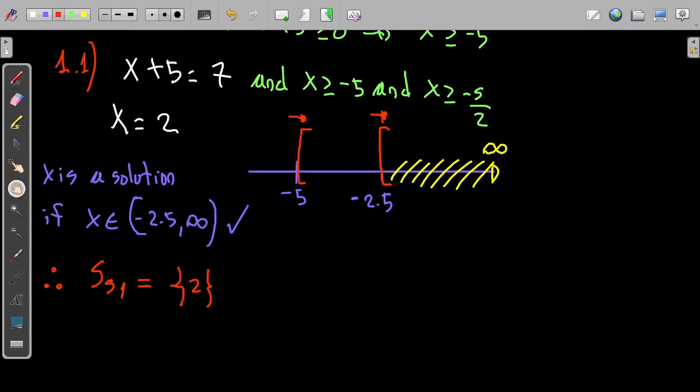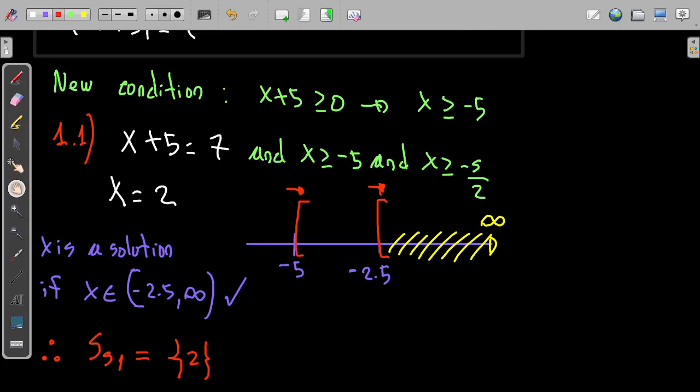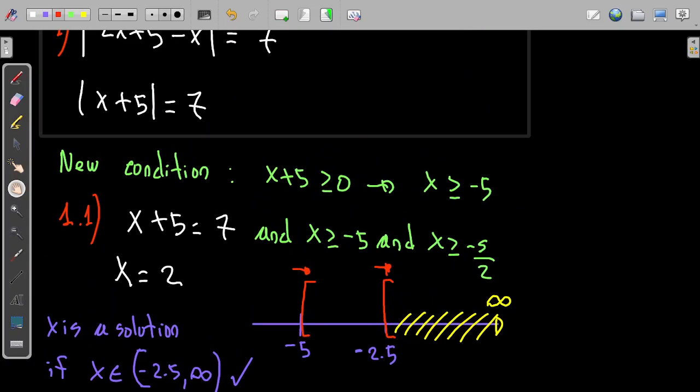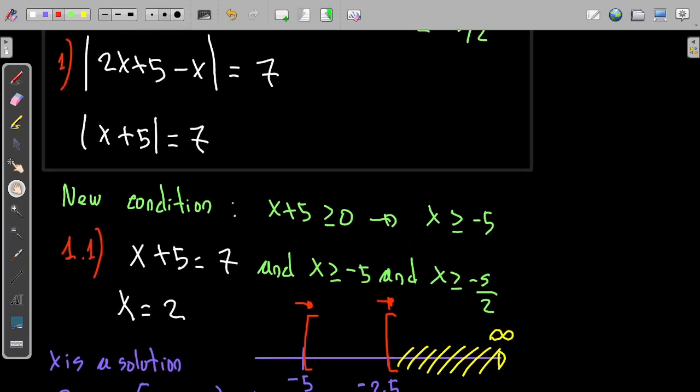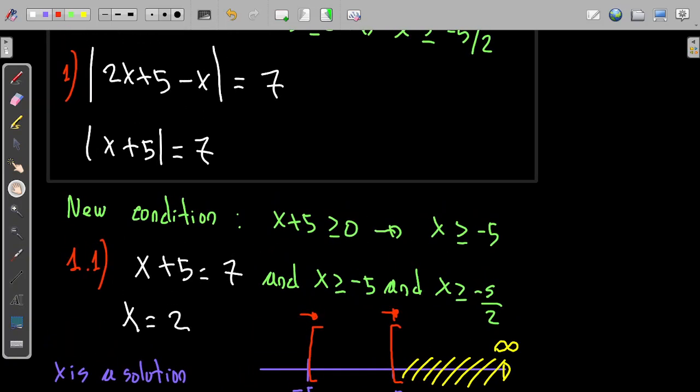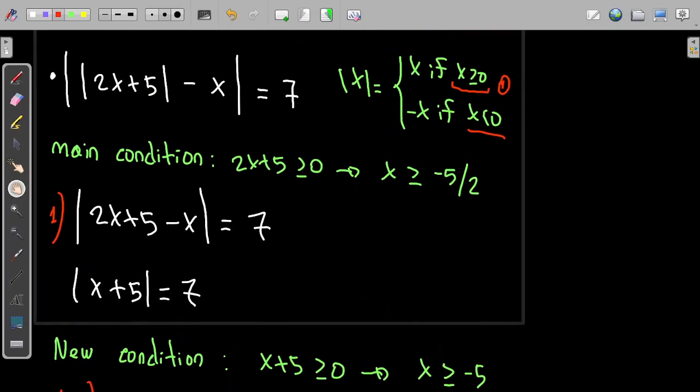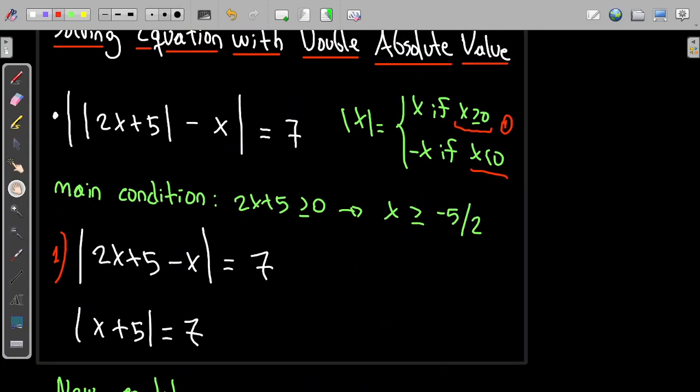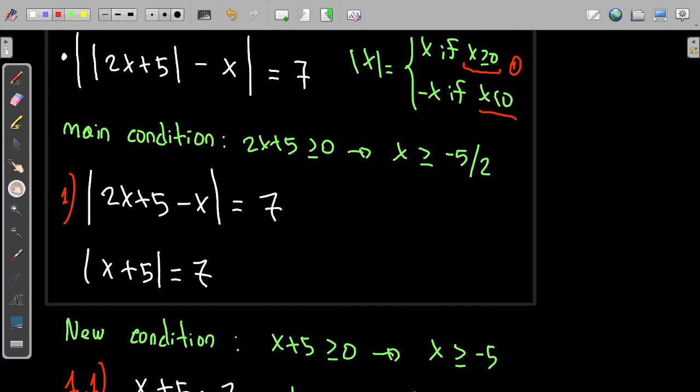Now we can solve another equation with another new condition, because equation 1.1 is already solved. Now we can put another condition on equation 1. The other condition is when we take the other part of the absolute value. We're going to take the negative part.